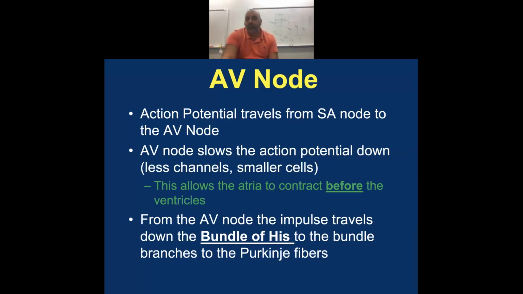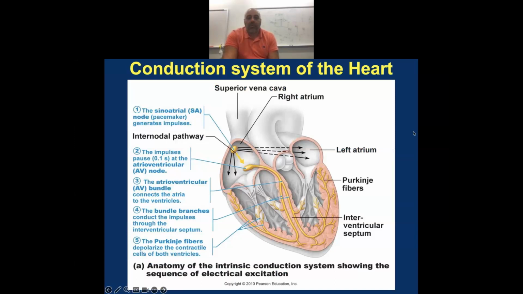That's what they do. So the AV node slows it down, and we're slowing it down so we can let fluid move. Then we go into the bundle of His and Purkinje, and the ventricles contract.